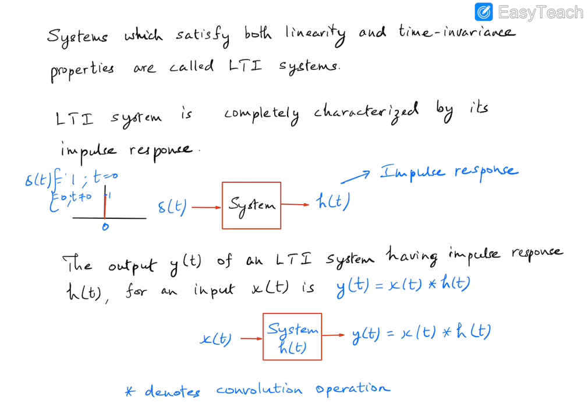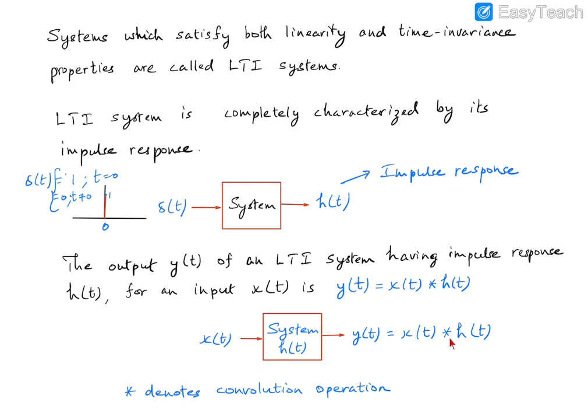So to sum it up, a system which satisfies linearity and time invariance properties is called an LTI system. And if it is an LTI system, then it is completely characterized by its impulse response. That means if we know its impulse response, we know everything about the system. We can find out the output of the system for any arbitrary input by performing the convolution between that input and its impulse response, and that would give us the output of the LTI system.